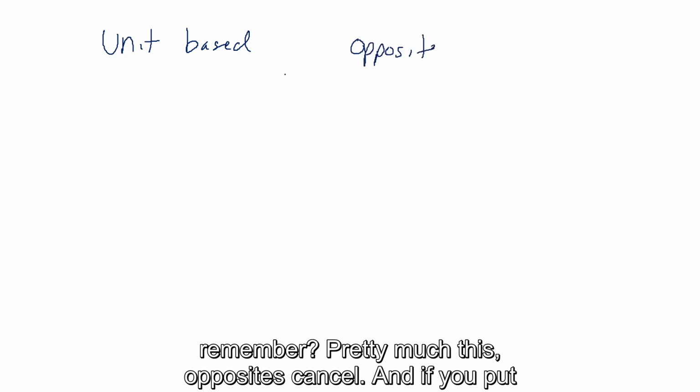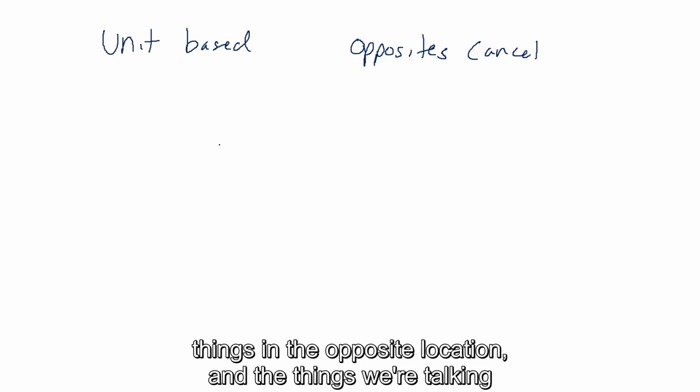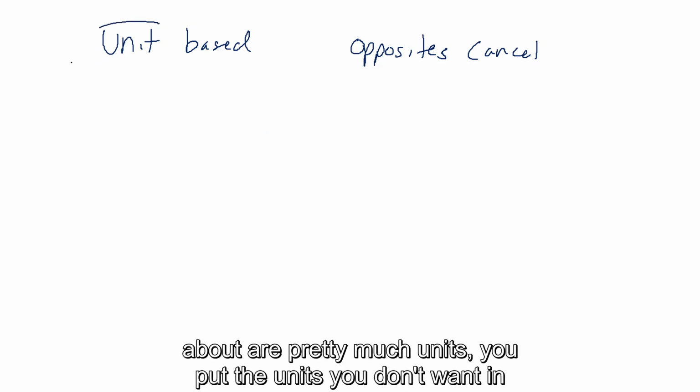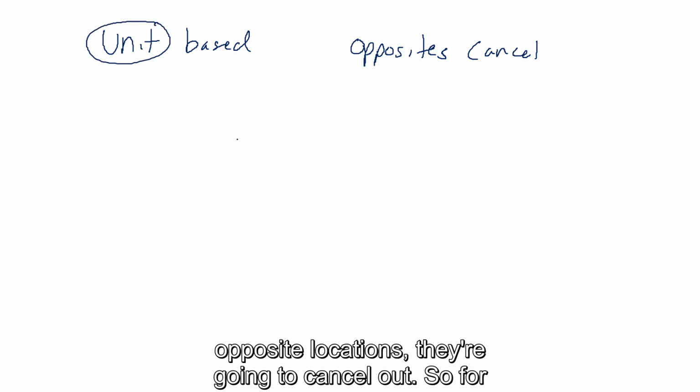Opposites cancel. And if you put things in the opposite location, and the things we're talking about are pretty much units, if you put the units you don't want in opposite locations, they're going to cancel out.